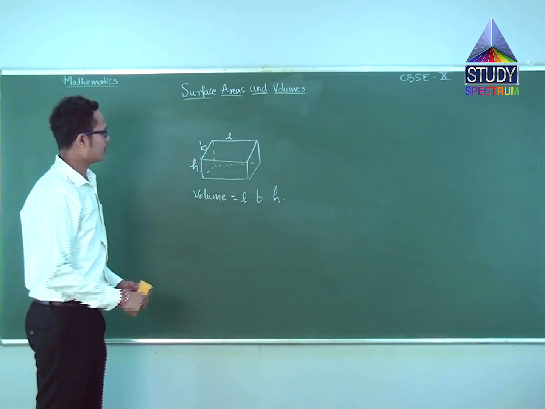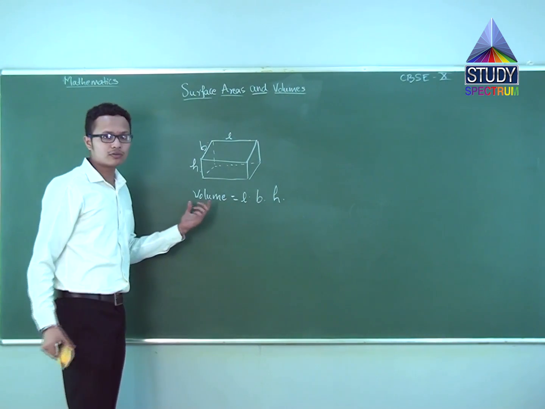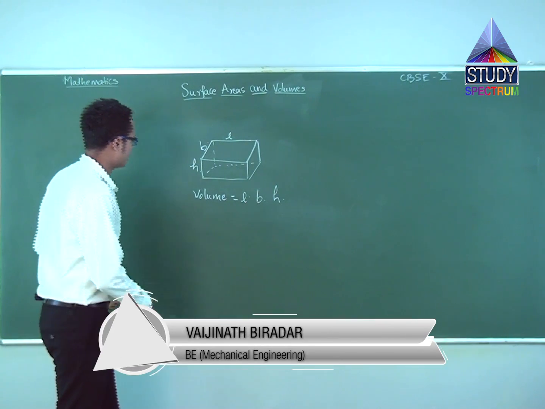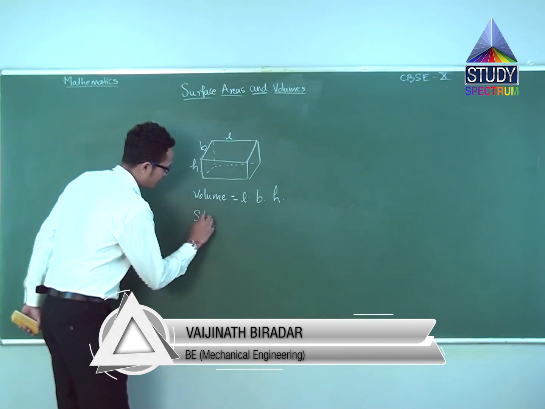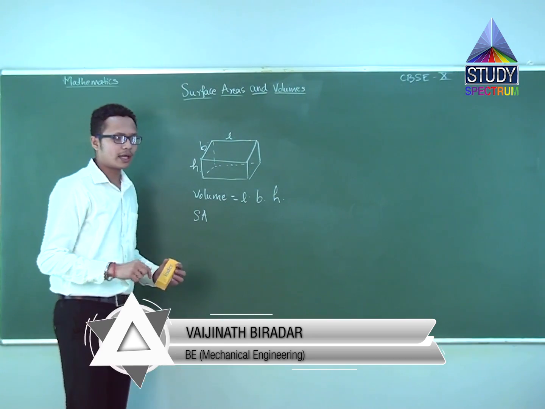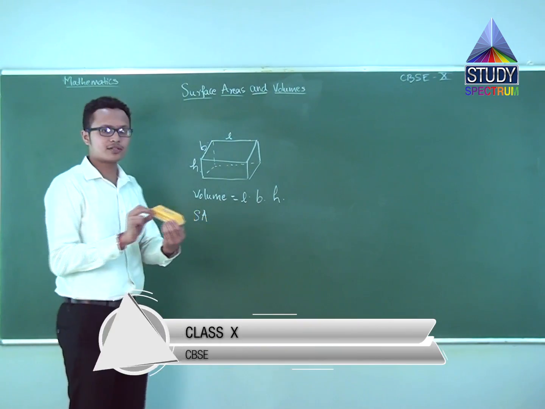Now I'm also going to explain how we get the formula for the surface area of the cuboid. When I say surface area, it means any surface that you can see with the naked eye. Let's say this is a duster.